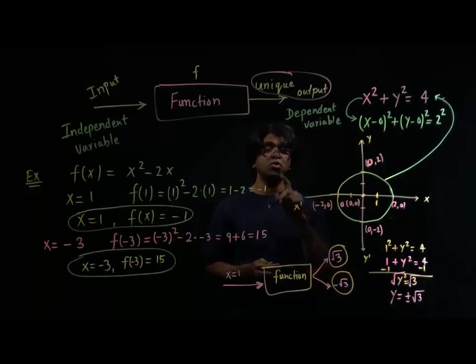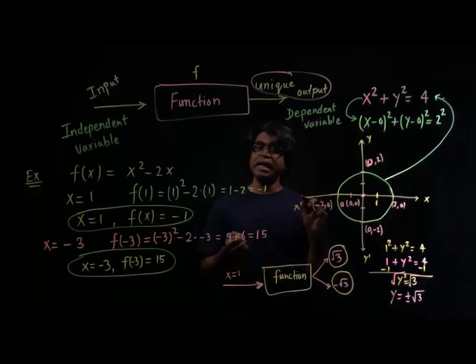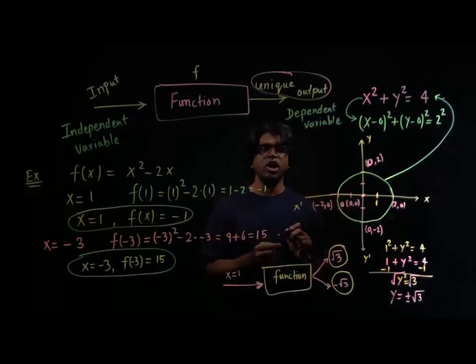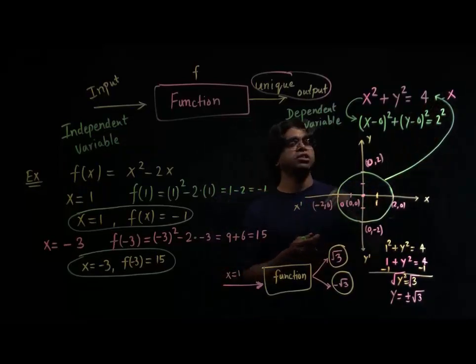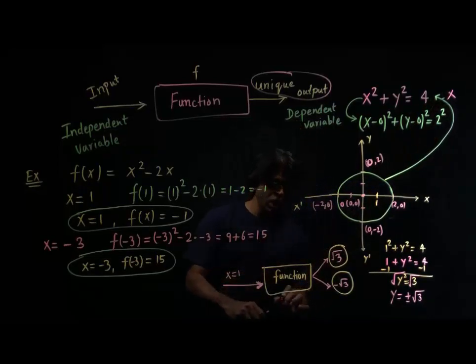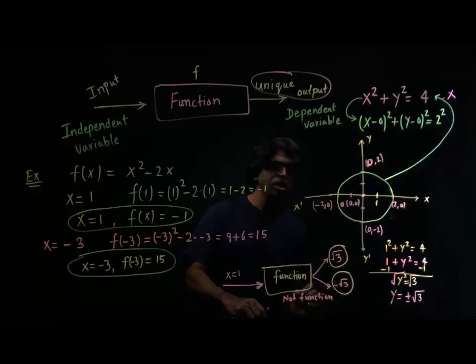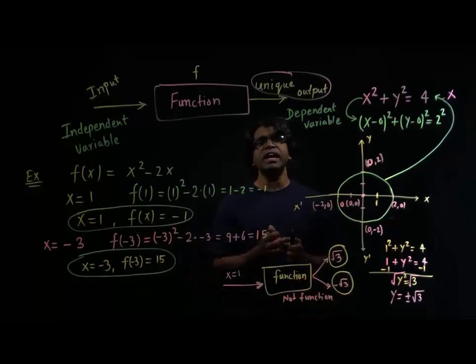Why? Because we are getting two values of function, but technically we should get only one unique output. So this cannot be a function. So this is not a function. So I'm going to write not function.